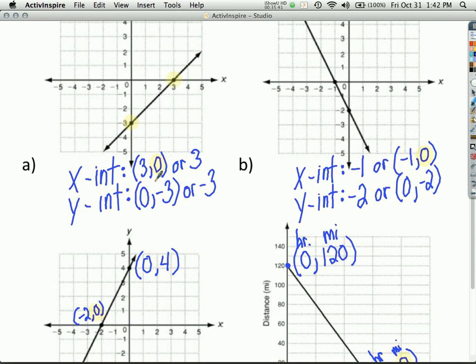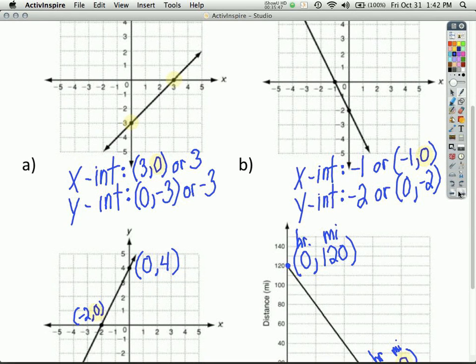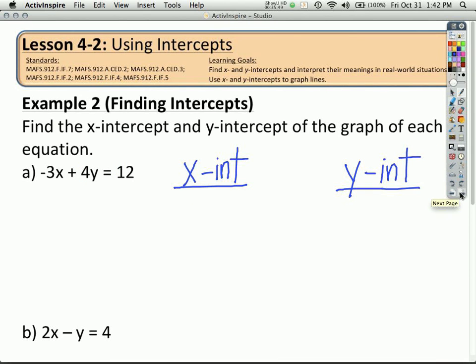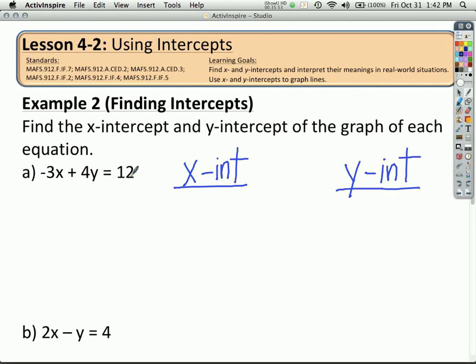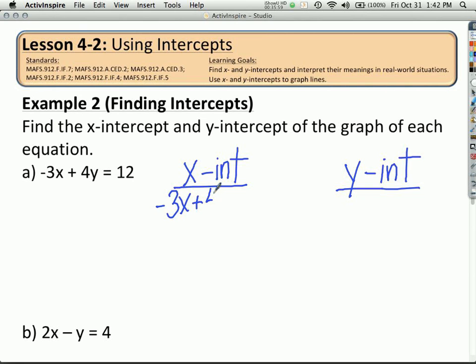So now we're working in reverse. Now we're going to make this 0, and then we'll find the x. So watch what we do. X-intercept, we're going to take this and we're going to replace the y with 0. Negative 3x plus 4 times 0 equals 12.